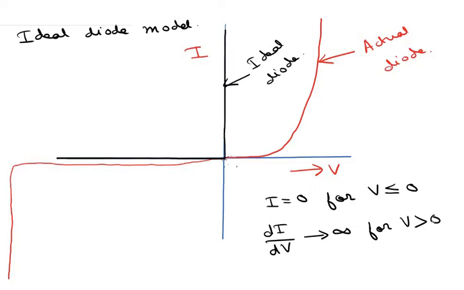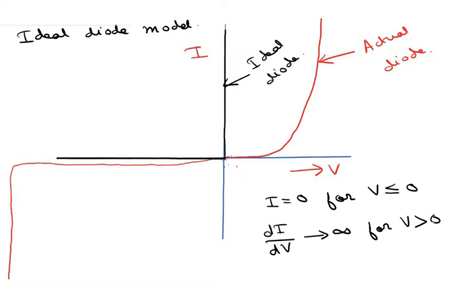If V is 0 or less than 0, which means the diode is in the reverse bias state, then the diode would not conduct any current at all. And if a negligible amount of positive voltage is applied, then the diode would conduct an infinite amount of current, or the current would increase at an infinite rate with the applied voltage. So this is the characteristics of an ideal diode.